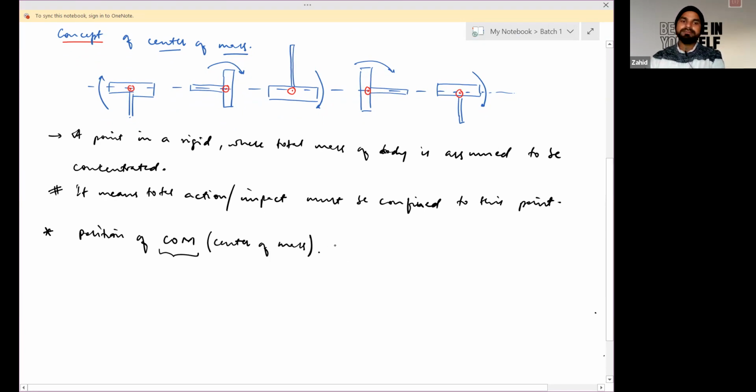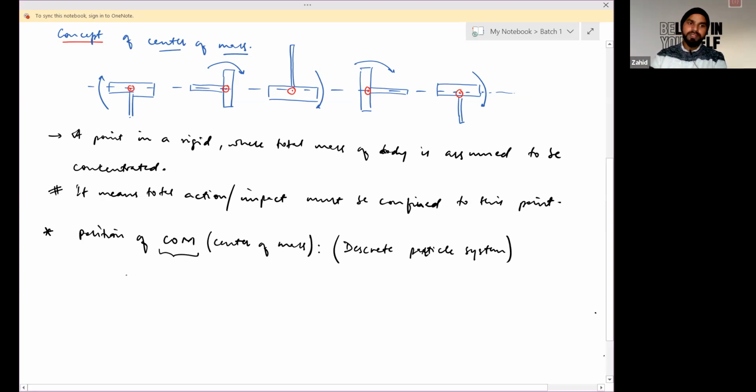It will be a discrete particle system, meaning a system having individual particles connected to each other.